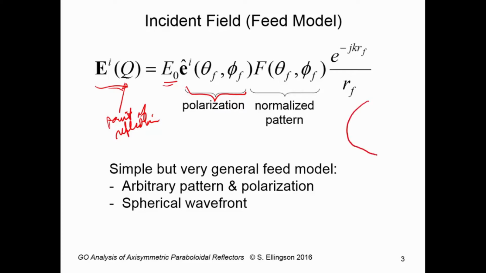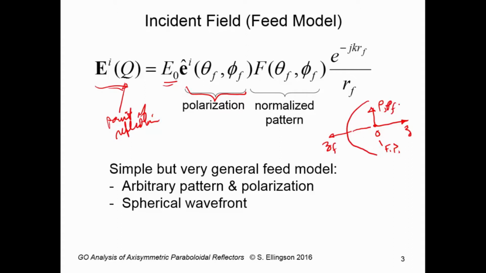What we said is we would have a paraboloid that looks like this in cross-section, and a coordinate system which looks like this. This is rho, this is z, this is the origin which corresponds to the focal point. And then we said we would have also a feed coordinate system, z sub f, and then also rho sub f, and so on.